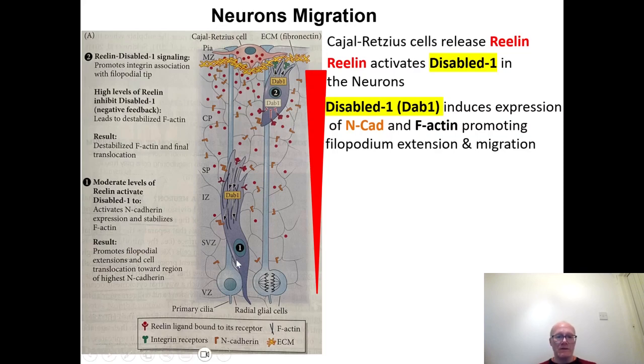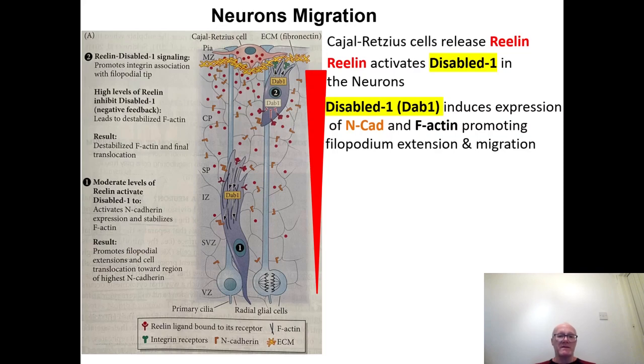So when these neurons start to express NCAD and F-actin, what we will see is the development of protrusions, or if you want, filopodia, which allow them to extend the body of the neurons toward the direction of travel.